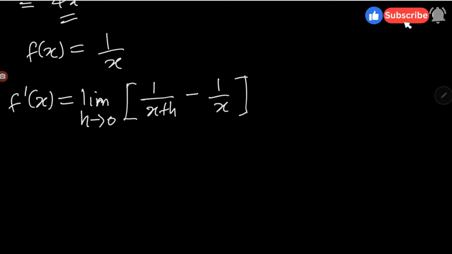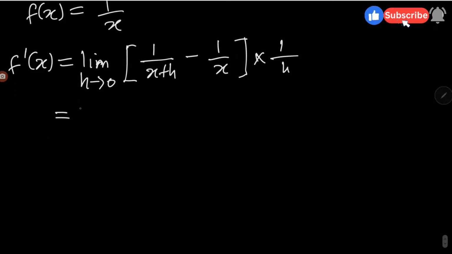Now the whole lot of this expression is supposed to be over h, meaning we are just simply multiplying by 1 over h.